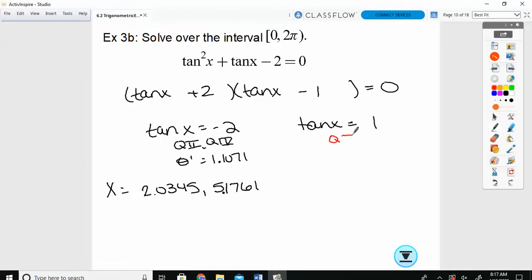So if tangent's positive, that's quadrants 1 or 3. Reference angle, we do know when tangent is 1. But your hand trick, it's when sine and cosine are the same. So that's at 45 degrees, which is pi over 4. So pi over 4 in quadrant 1 is pi over 4. In quadrant 3, that's 5 pi over 4. And you can check all 4 of these answers just by plugging them back into the original.